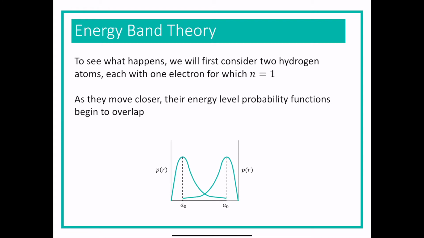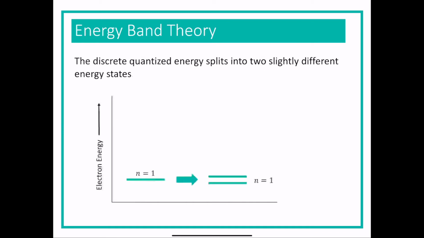As those probabilities move together, the energy levels actually split into little tiny sublevels. So with the n equals 1 level, you split it up, and there's still only n equals 1, but they're at very slightly different energy levels.